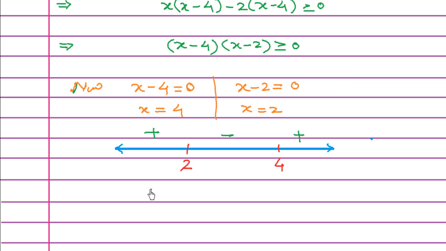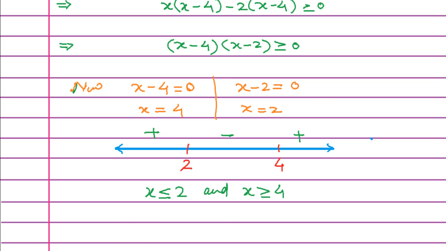So we are getting the region x is smaller than or equal to 2 and x is greater than or equal to 4. We could write this in another way, in interval form.